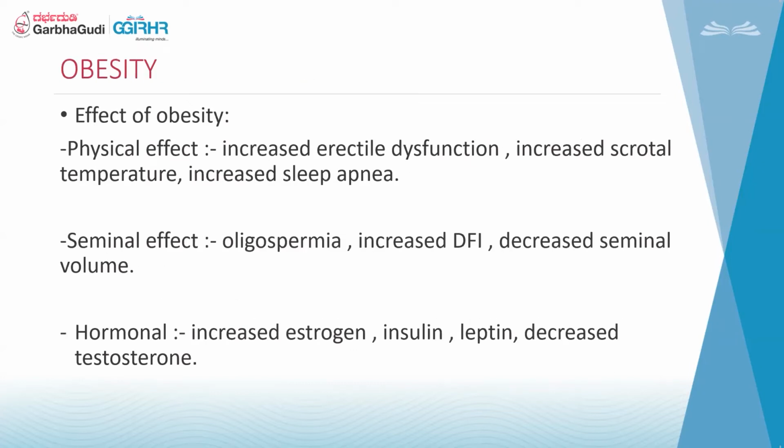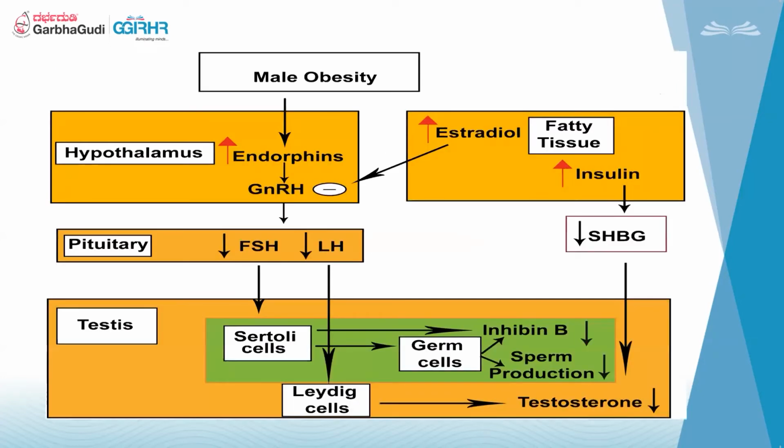Obesity. It is rampant and we are seeing it so much. So first, what happens in male obesity? It affects the hypothalamus, pituitary, testes, and the fatty tissue. Everywhere it is working.